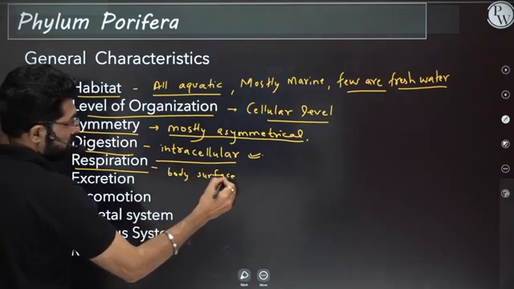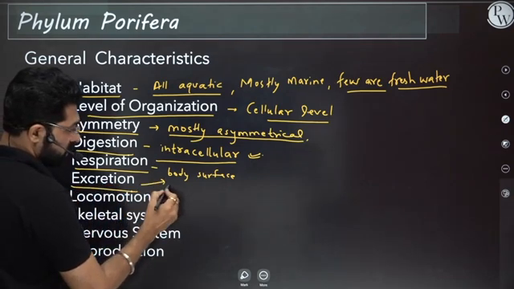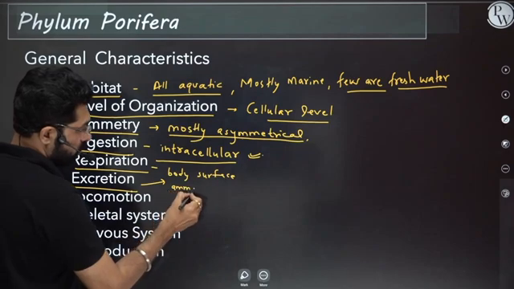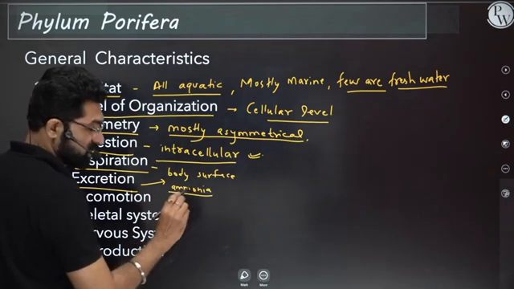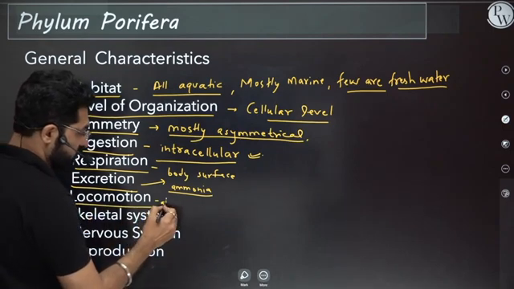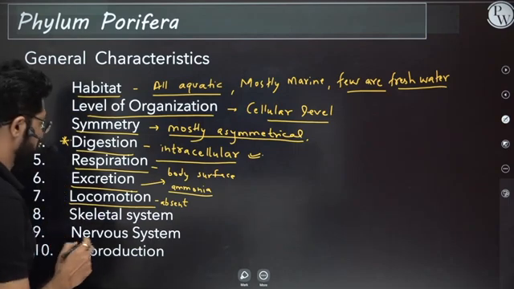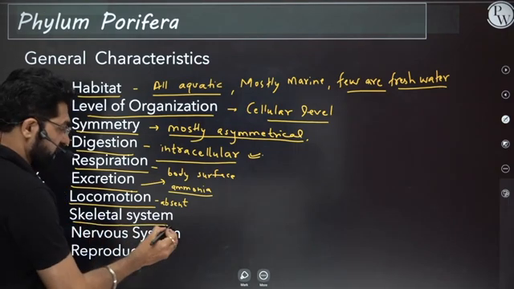Next, excretion is also through body surface, and the product is ammonia. Locomotion is absent in poriferans. Skeletal system: yes, they have some skeletal system.